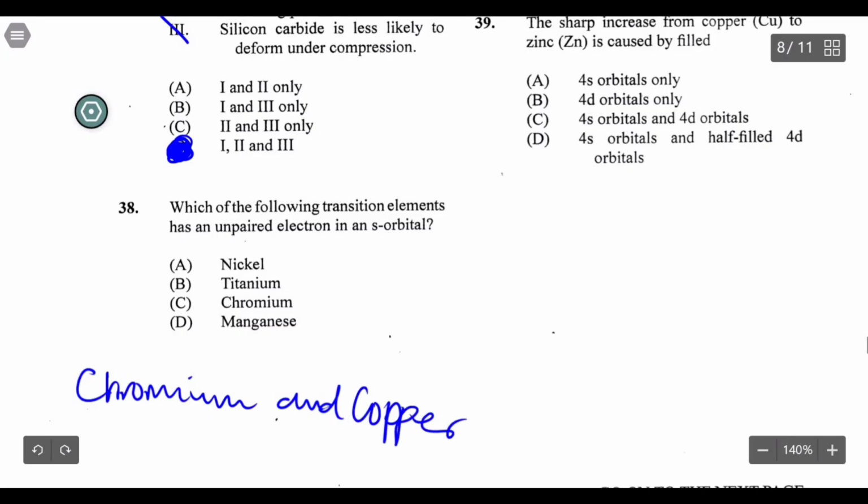So these are the two exceptions, because a half-filled or a filled d orbital is more stable. So what would happen is one of the electrons would, instead of going to the 4s, jump into the 3d to finish filling it halfway or completely. So that's the exception. So for both copper and chromium, there is only one electron in the 4s orbital.